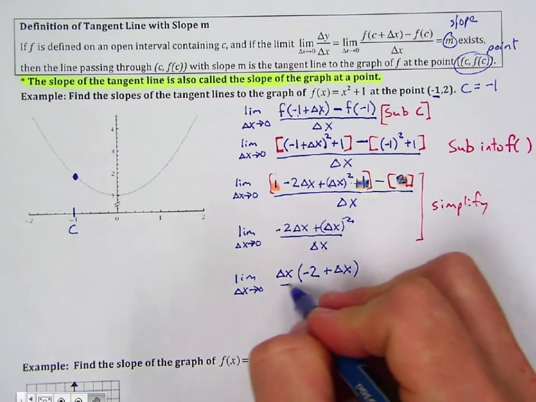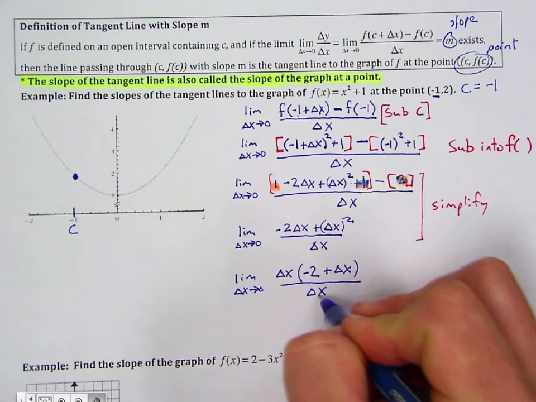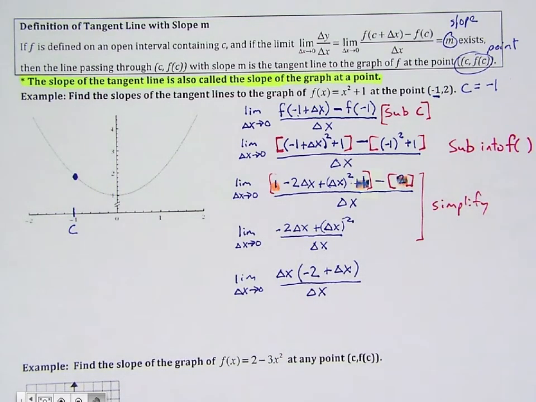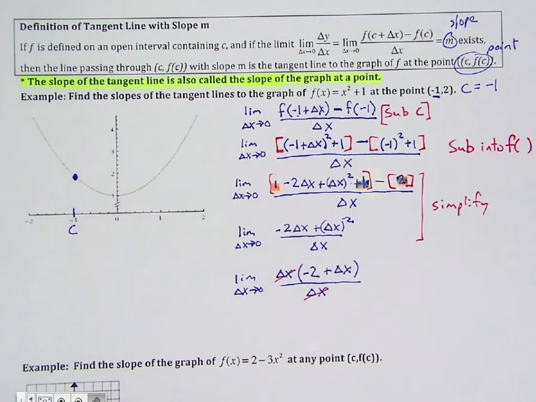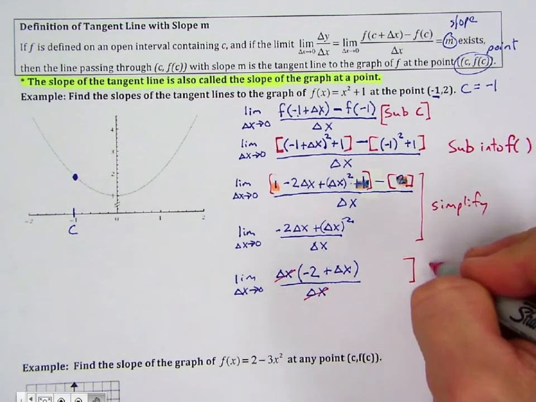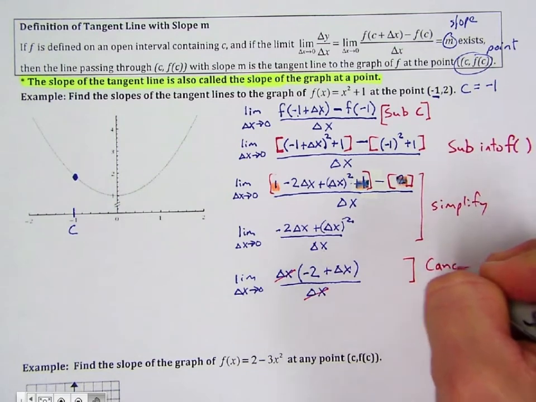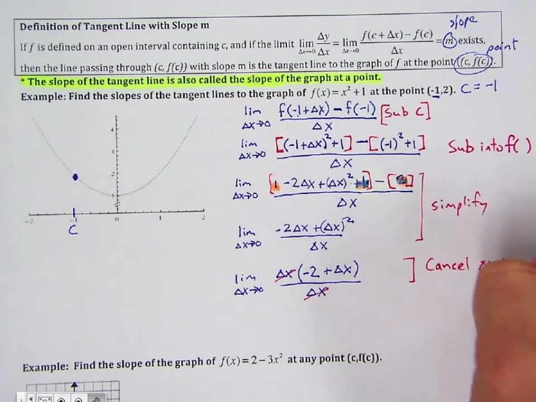And there we have our factored form. And now if you look at this, the delta x's here are going to cancel. So in this step, you want to cancel your delta x factor.